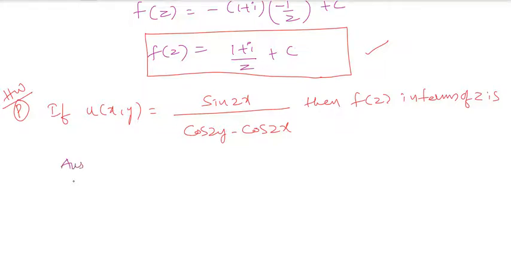So try to analyze. They have given the same as your first model. The differentiation you have to get. So your f of z in terms of z will be cot z plus c, a constant. That is the answer for that.